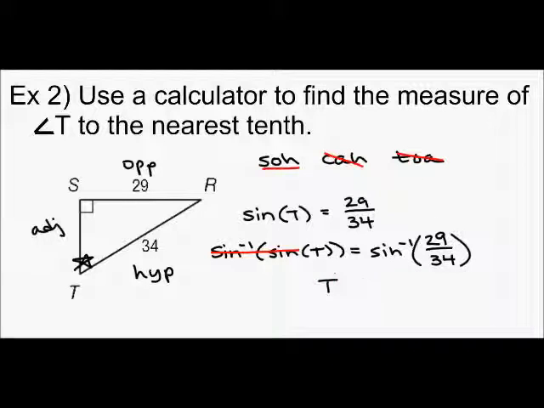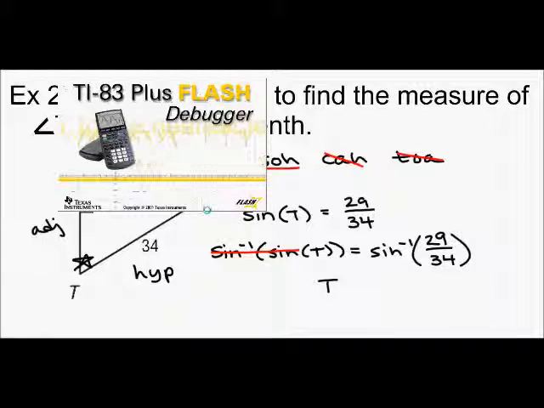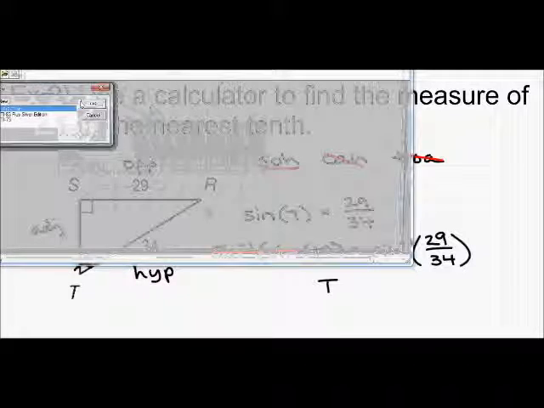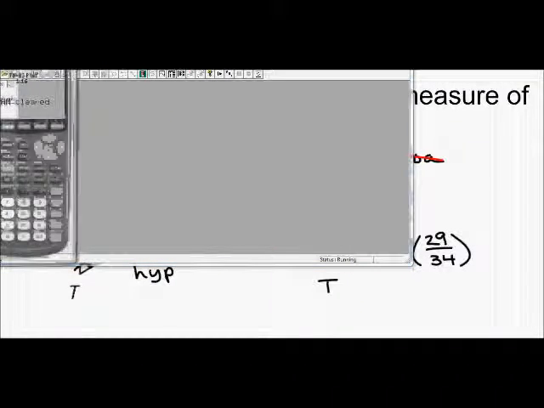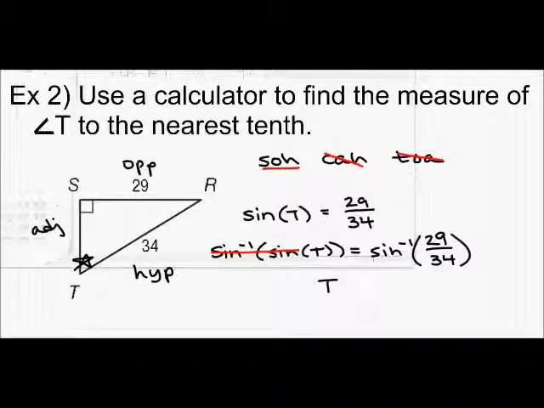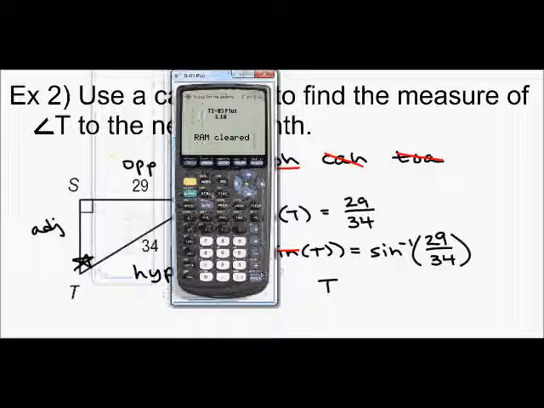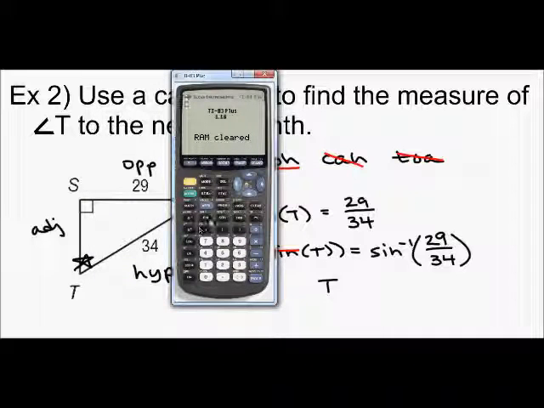Now this part here, you could, I suppose, find 29 over 34 and then arcsine, but your answer is going to be inaccurate. So you want to actually put that fraction into your calculator. Now, you'll see this row of buttons right here.